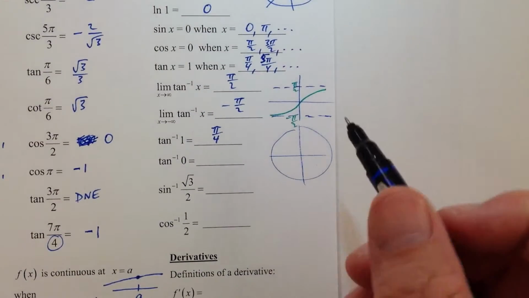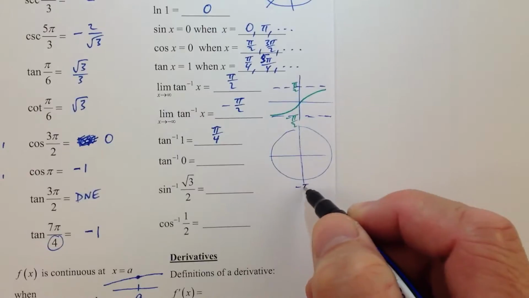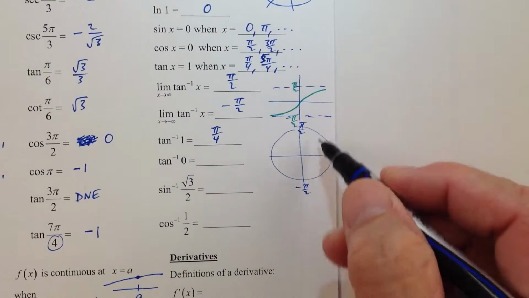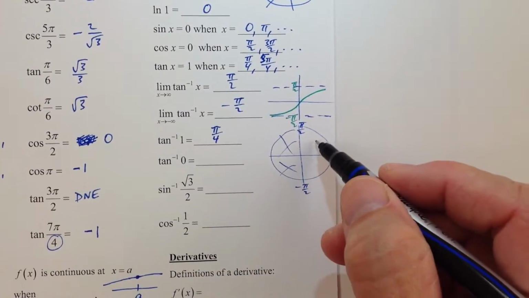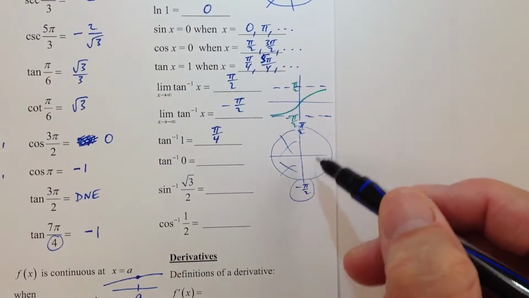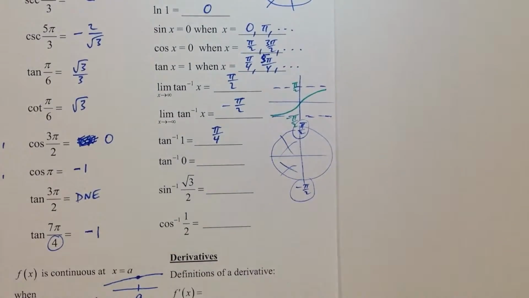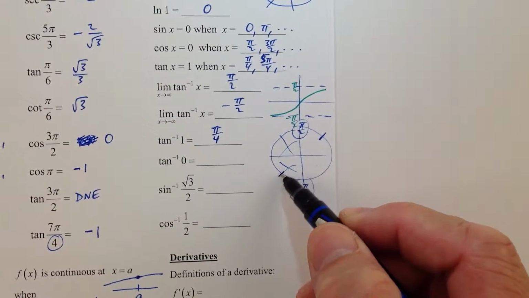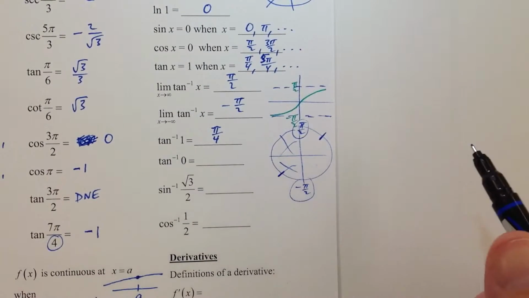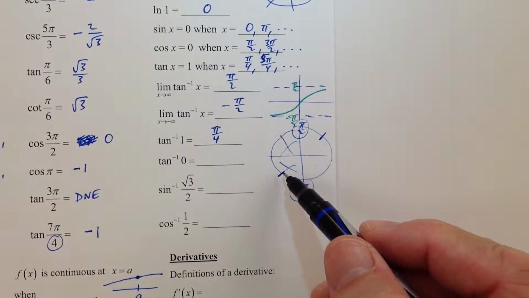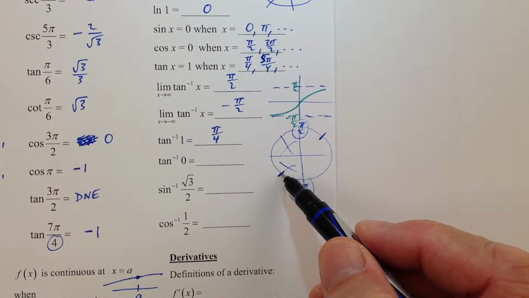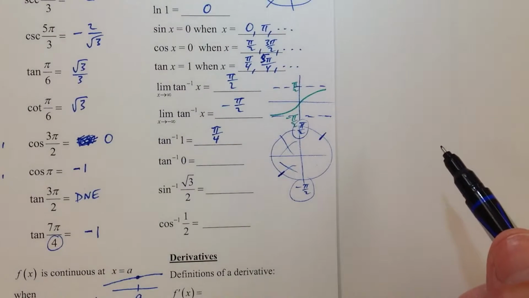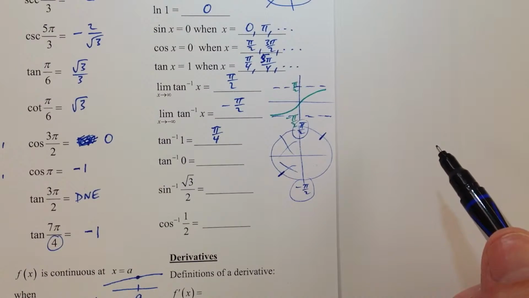So the tangent function goes only from negative pi over 2 to pi over 2, and so the inverse tangent has to be in the first or the fourth quadrant, but also from the values negative pi over 2 to pi over 2. So you can see pi over 4 is right there, and even though the tangent of 5 pi over 4 is equal to 1, 5 pi over 4 is out of the range of the inverse tangent function. Something to look up if you didn't really get it the way I said it.